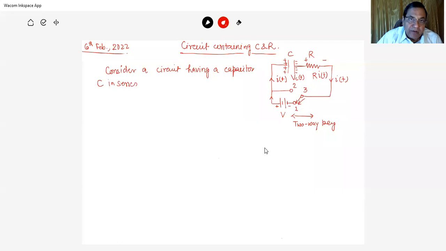In series with a resistance R, and suppose that a DC voltage is applied.